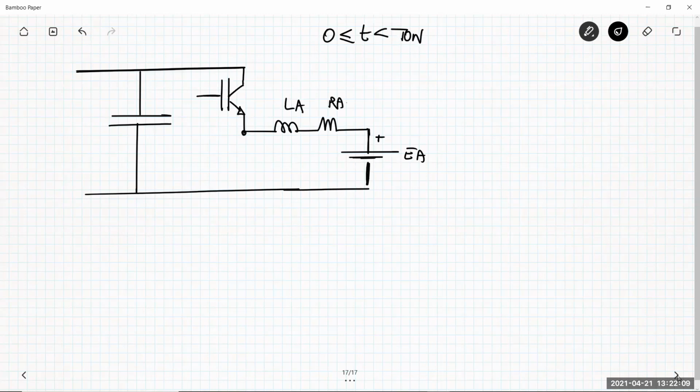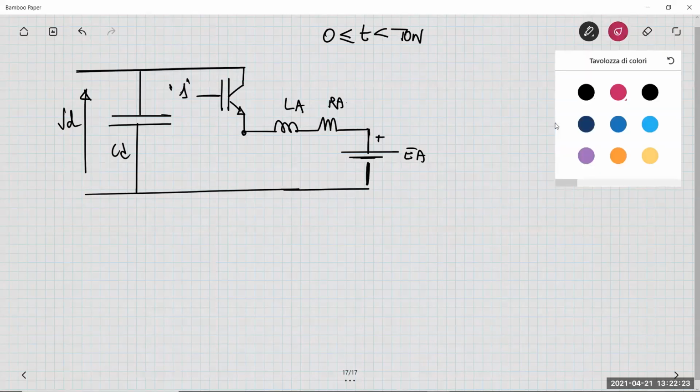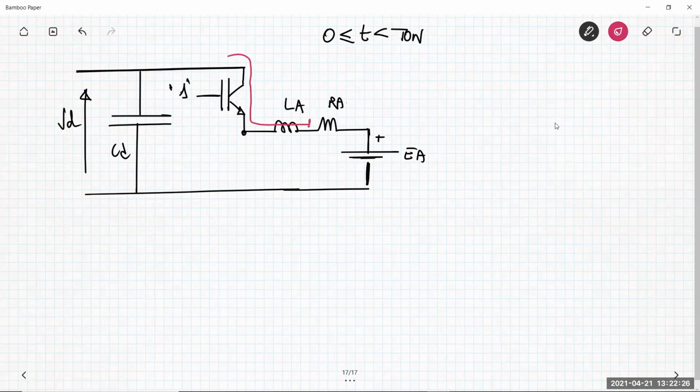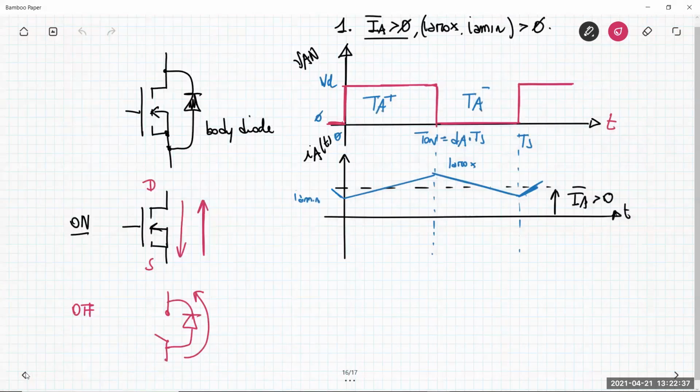So this device is on. This is a 1 here. So this is conducting. And then you have the current flowing in this direction. So the device that conducts the current is the transistor TA plus. So here you can say that TA plus conducts the current.